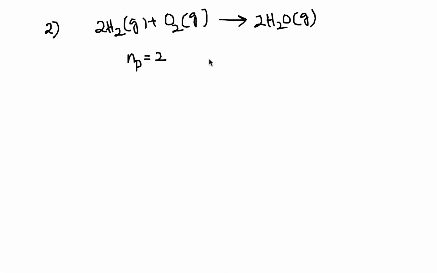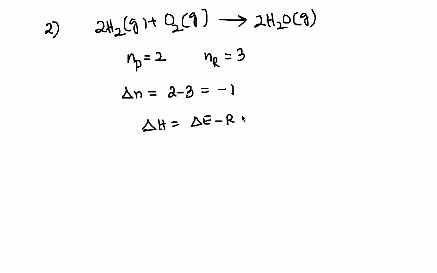Now how many gaseous moles of reactants are there? There are 3 moles of gaseous reactants. Therefore change in number of gas moles is equal to 2 minus 3, which is equal to -1. So here delta H is equal to delta E minus RT. So we can say that in this case delta H is smaller than delta E.